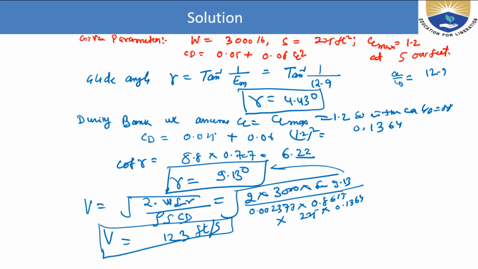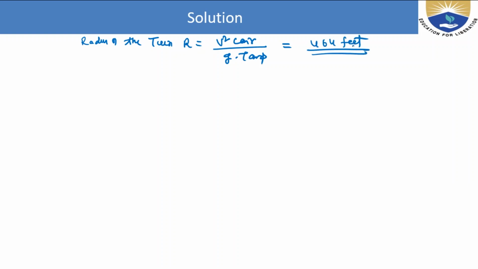Now we have to start for the radius of the turn. So radius of the turn R is equal to V square cos of gamma divided by G into tan of phi, and if you put in these values, V is given, gamma, G and all, you will get 464 feet. So this is the radius of the turn, and now the loss of altitude.